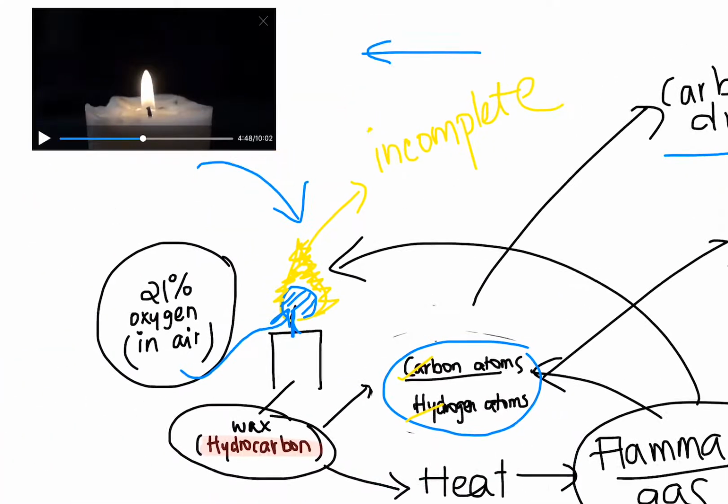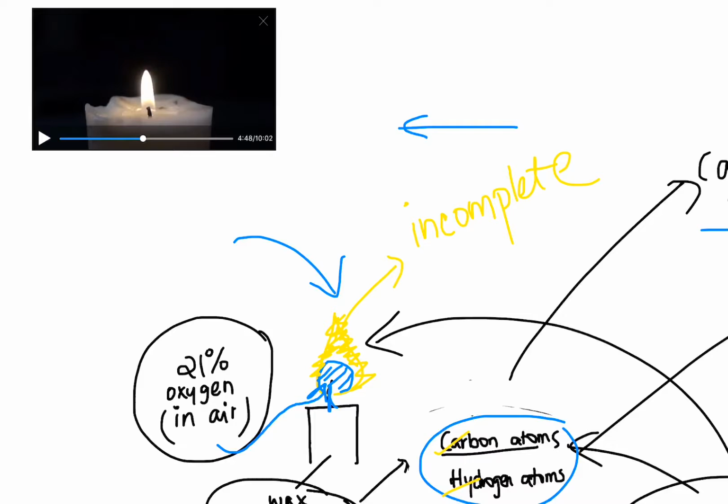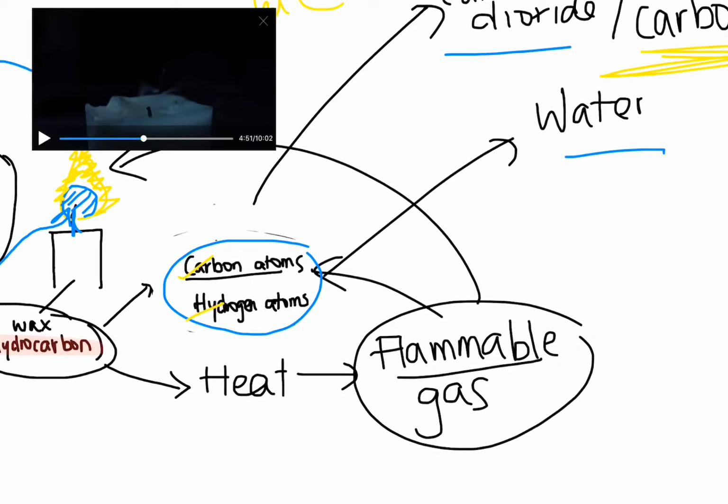Okay, so let's see this video that shows how a candle relights when you blow it out. You see all around that wick there is a kind of smoke being produced. That smoke is the flammable gas.